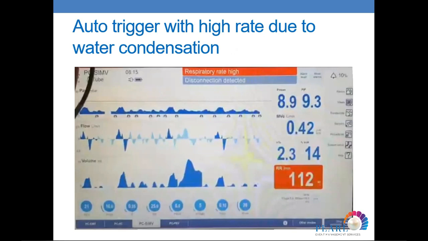And please, this is very serious. Why? Why should you not allow this to happen? If the ventilator is giving unnecessary rate, there will be washing out of CO2.